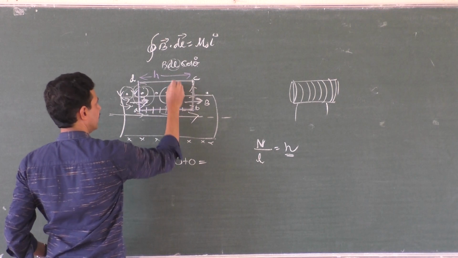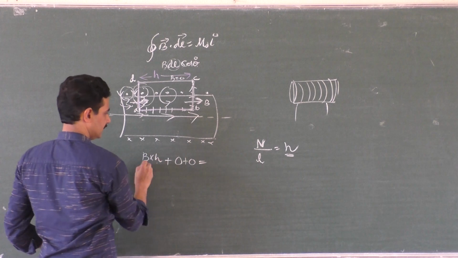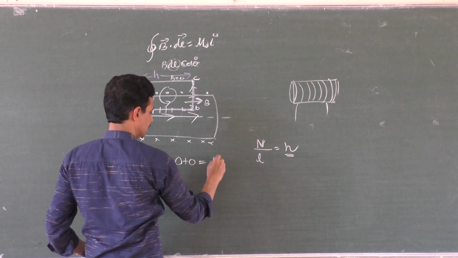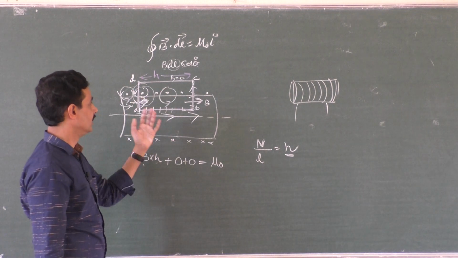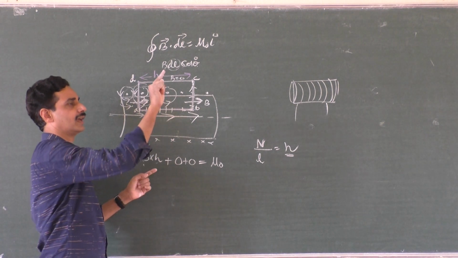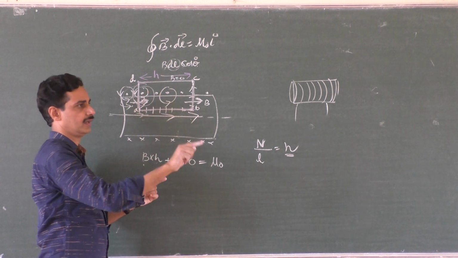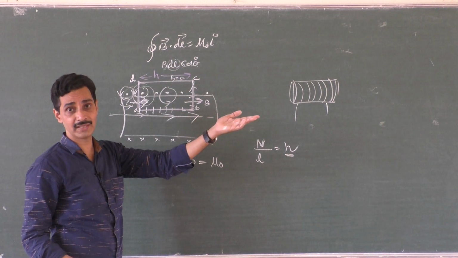Here no magnetic field at all, B is 0. Here again perpendicular, so 0, and only this remains, mu naught times the net current enclosed by the area under the curve. How much current passes through this? How many turns will carry the current? One current, I. Another wire, 2I, 3I, 4I, 6I, all the current, mu naught times the net current enclosed by the area under the curve.